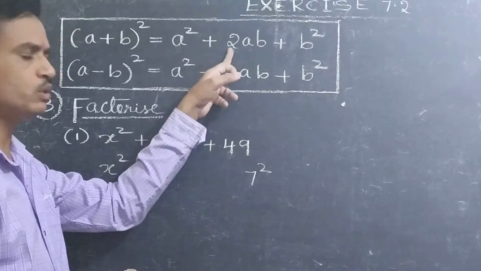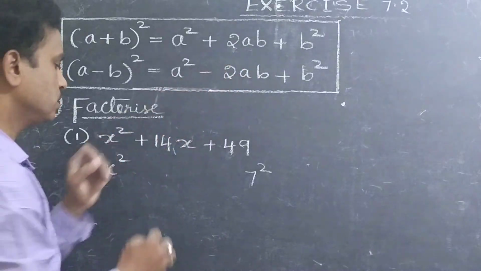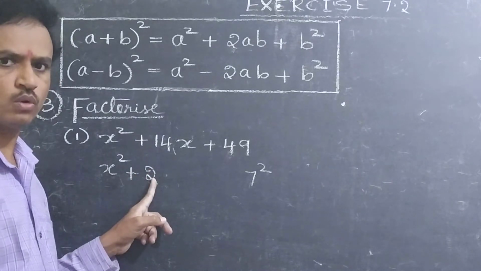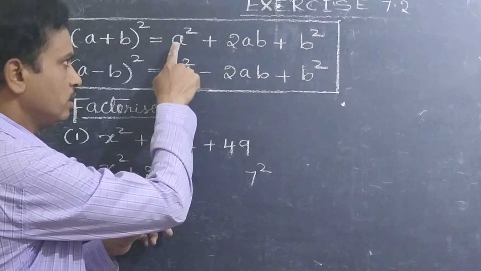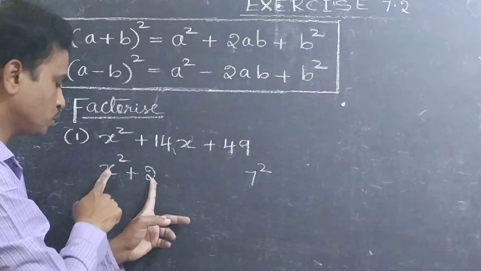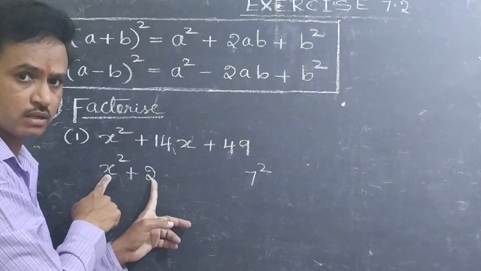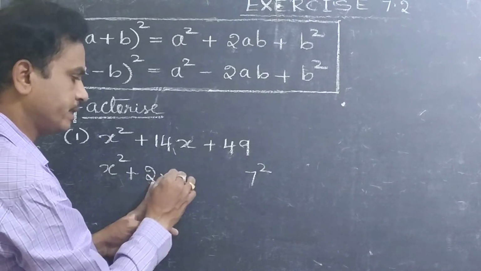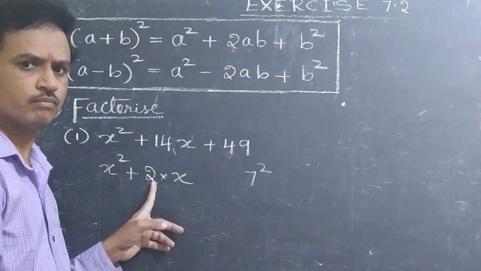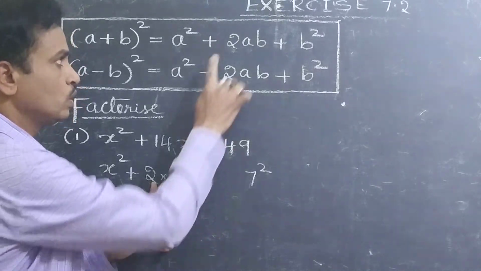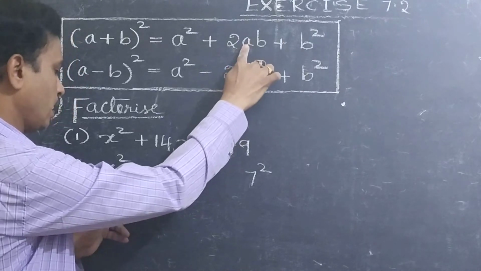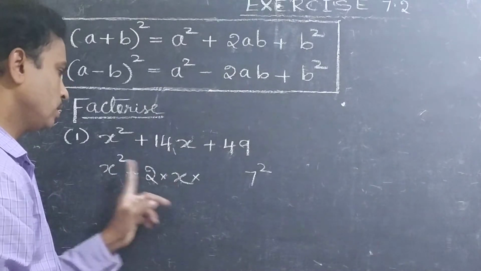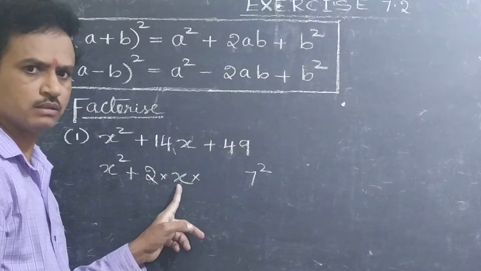Now according to this identity, 2 is there. So first you should write plus sign, then 2, then a. Here a square means in our question x square is there, so a is x. Into b. Already we wrote a; according to this identity a square means a, here x square we wrote x.